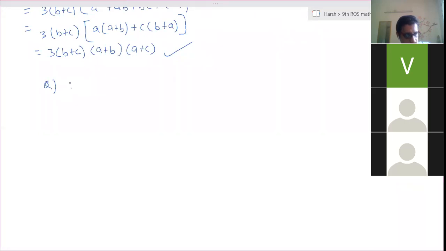The formula is a cube plus b cube plus 3a square b plus 3a b square, right? So I changed that as a cube plus b cube, and I took 3ab common in it, and I wrote it as a cube plus b cube plus 3ab bracket a plus b.